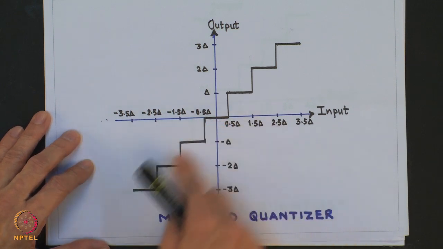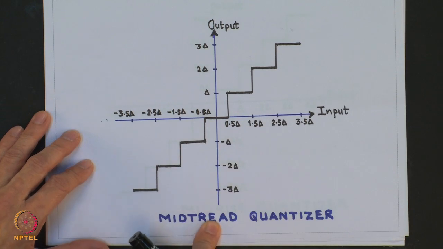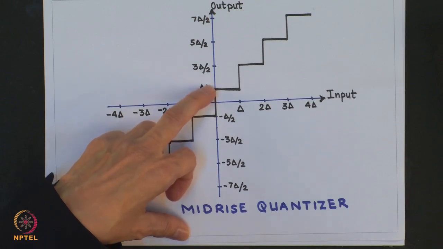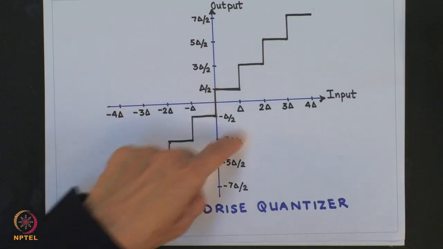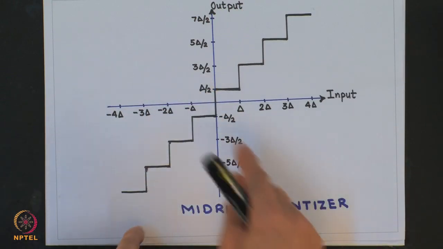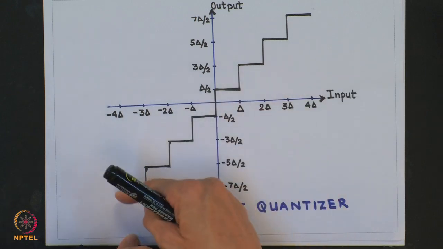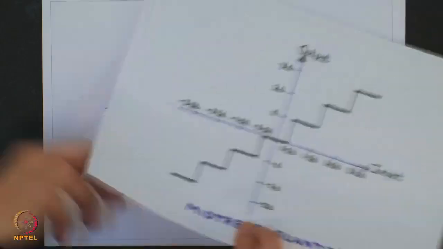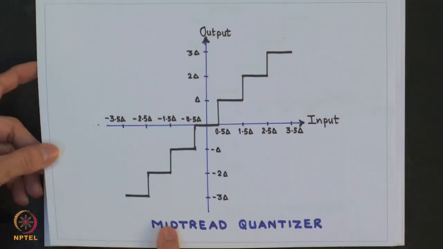So, this is known as the mid-thread quantizer, where 0 is one of the reconstruction levels, whereas this is known as the Midrise quantizer, where 0 is not one of the reconstruction levels. So, the Midrise quantizer will have an even number of reconstruction levels, whereas the mid-thread quantizer will have an odd number of levels.